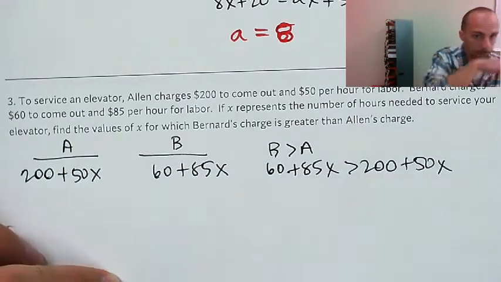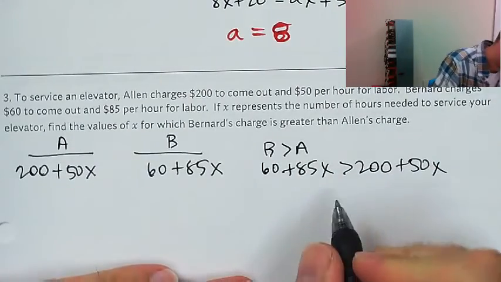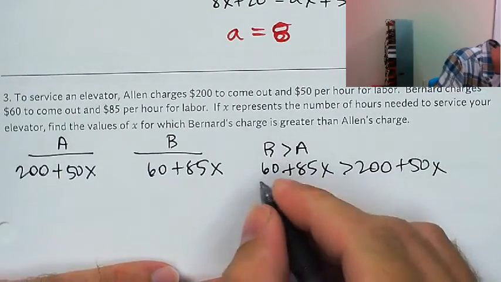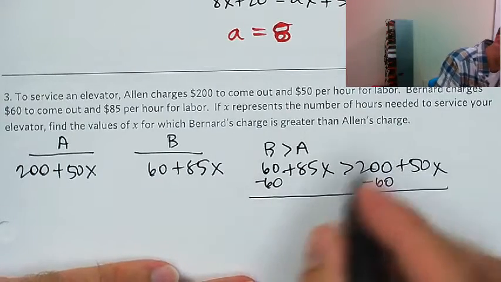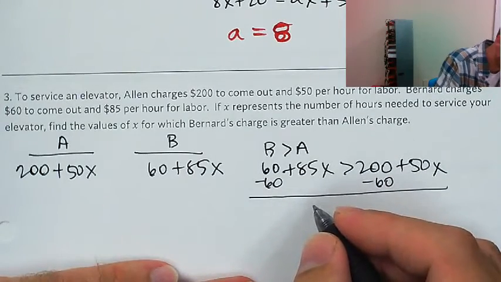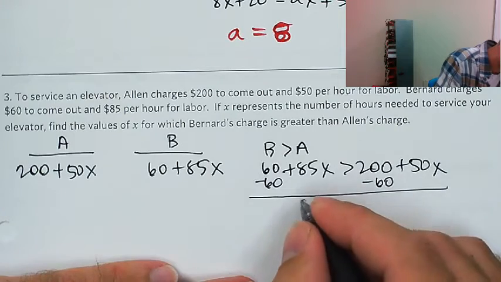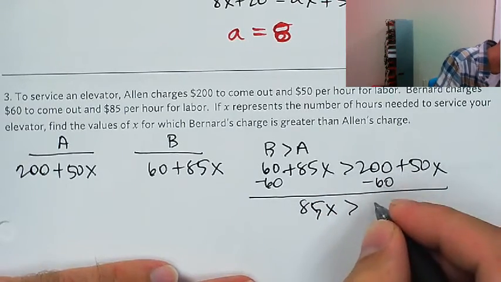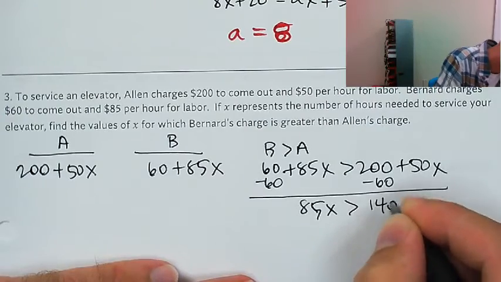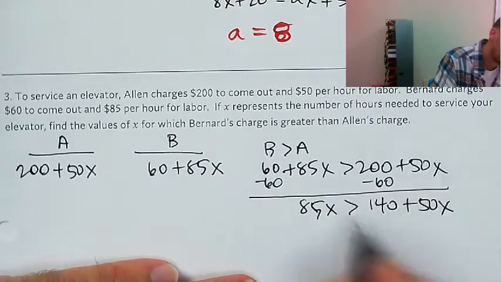So Bernard greater than Alan, I've got it right this time. Okay, the numbers are slightly different. I think the per hour charge is different, and so we're going to start by subtracting 60. And that will be 85x greater than 200 minus 60, which is 140, plus 50x.